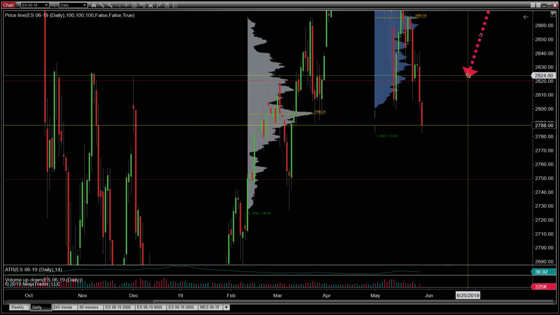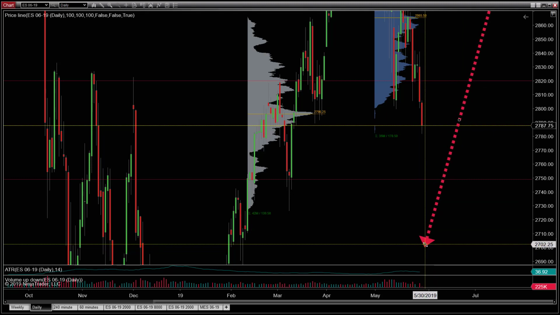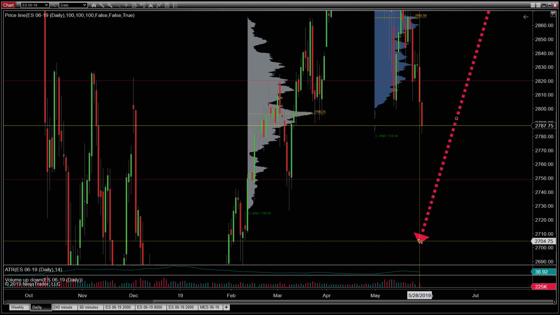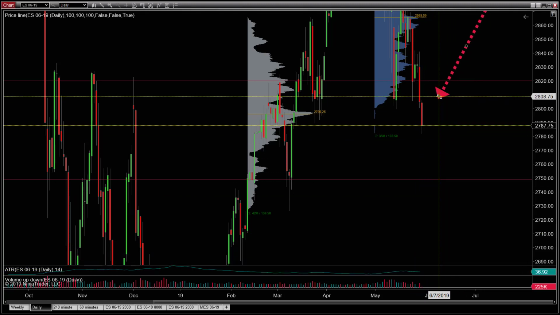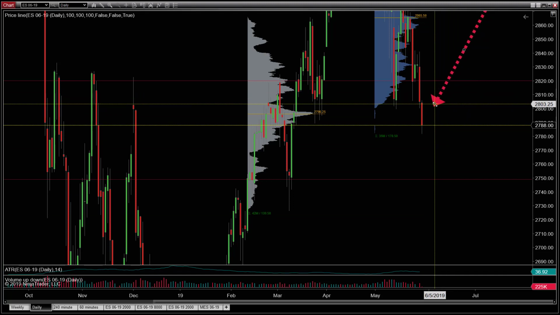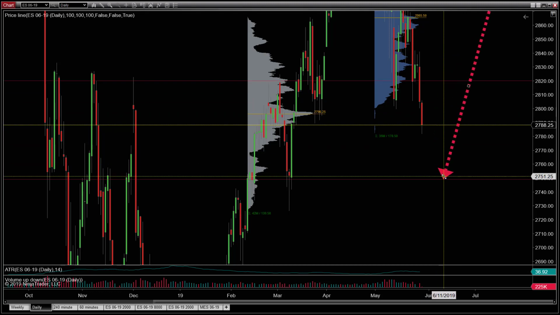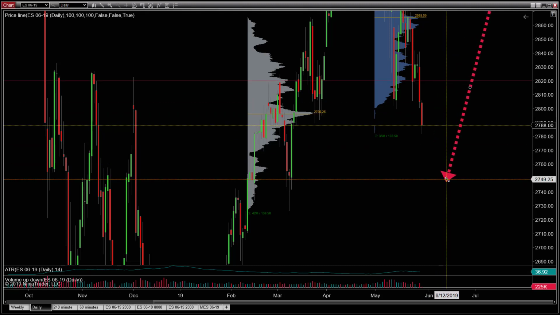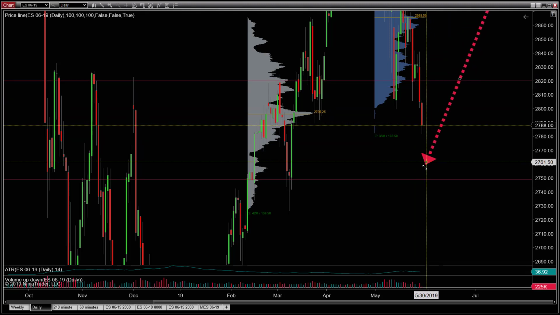So daily extreme here, ATR is sitting at 37 points. We had not a huge volume day yesterday, surprisingly for the sell that we had, but 2820 is your high, 2749 is your low.